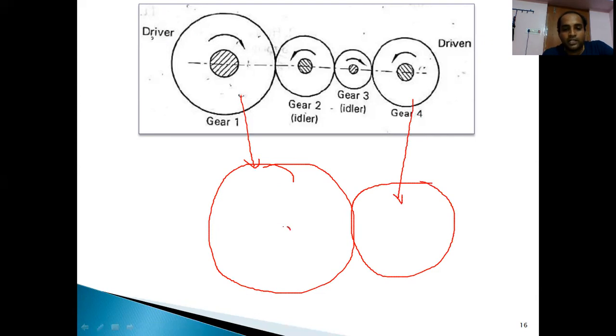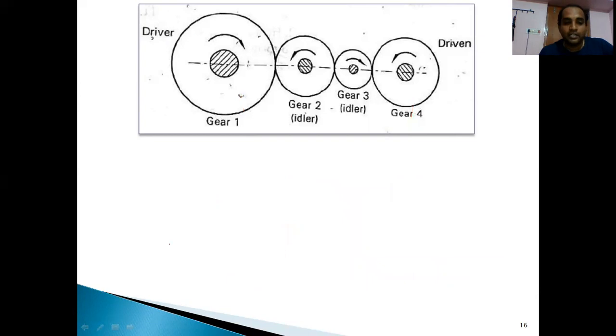No doubt I can transmit the power from this driver gear to the driven gear, but the problem here is that the size of the gear increases, both the gears increase, and the teeth profile increases. So the work done is more to transmit the power. The same amount of power is transmitted, but to transmit the same amount of power, you have to do more amount of work.